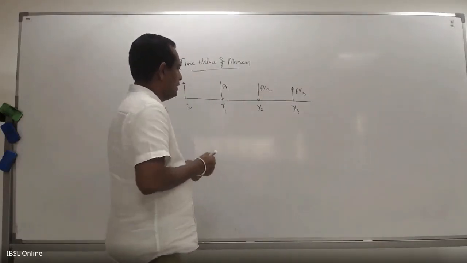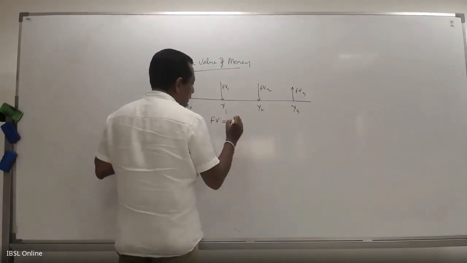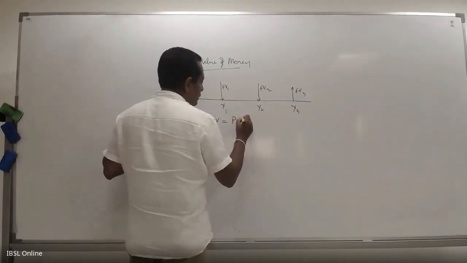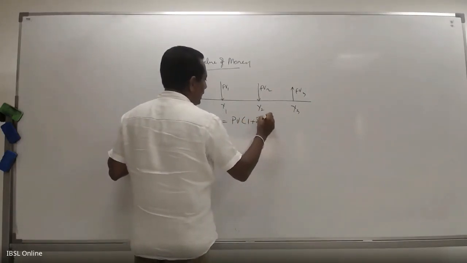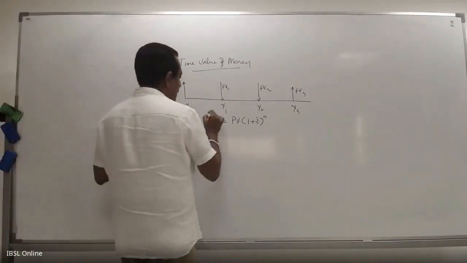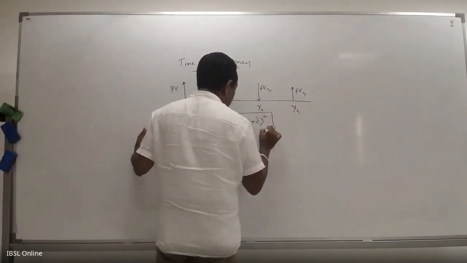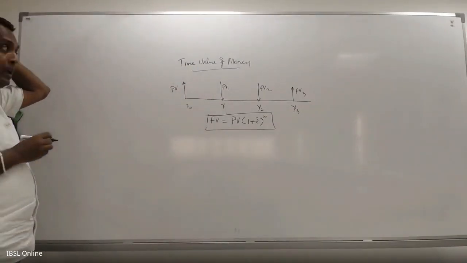So that is future value equals present value into 1 + I to the power n. Right? This is the formula we are going to use in the future items. Right?